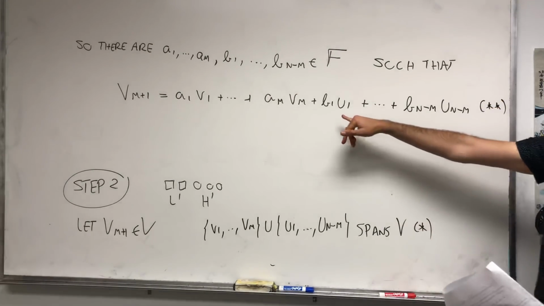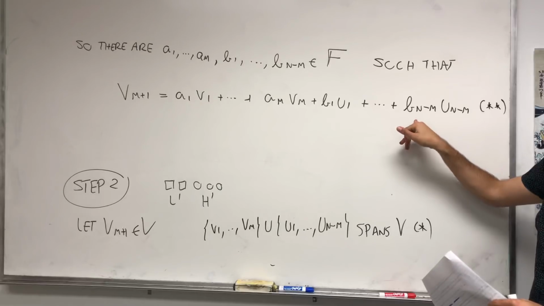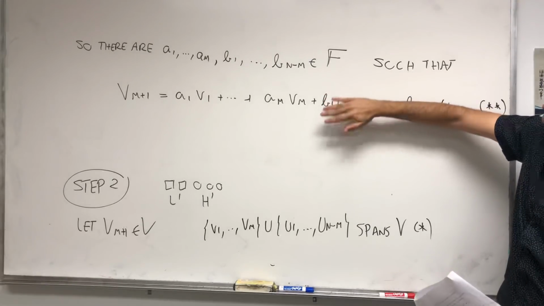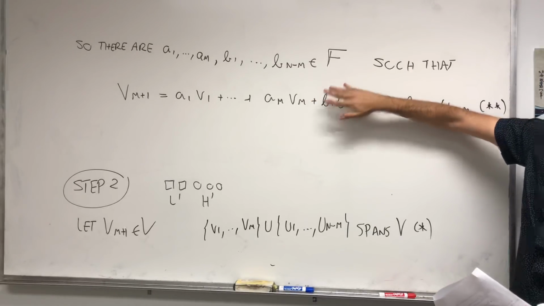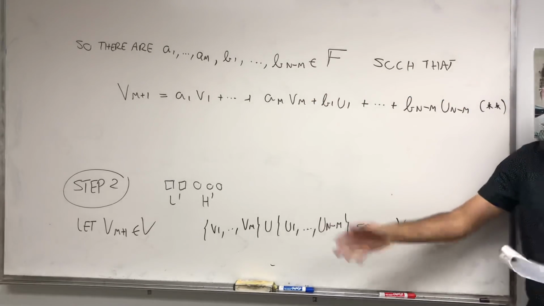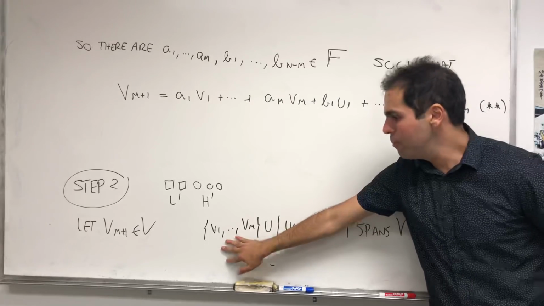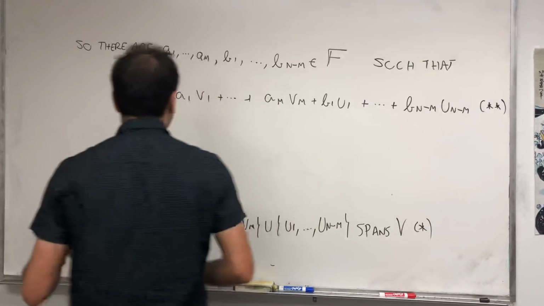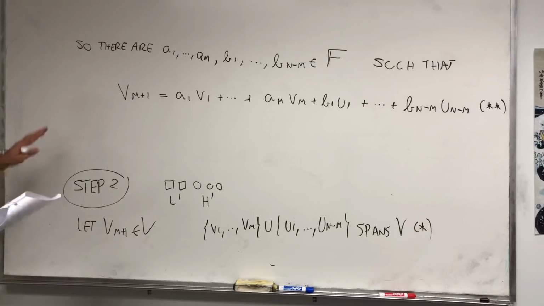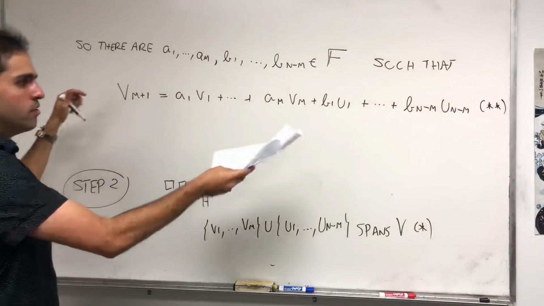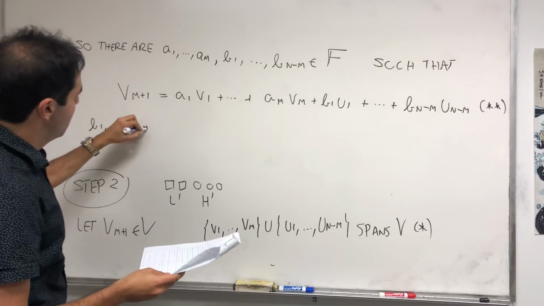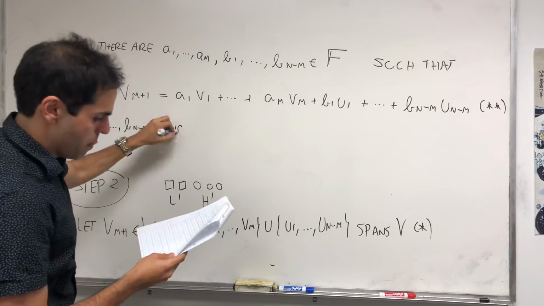Now, what would happen if all the Bi's are 0? Then we would have that V_{m+1} is a linear combo of V1 up to Vm, which is a problem because we know that L is linearly independent. So B1 up to B_{n-m} cannot be all 0.